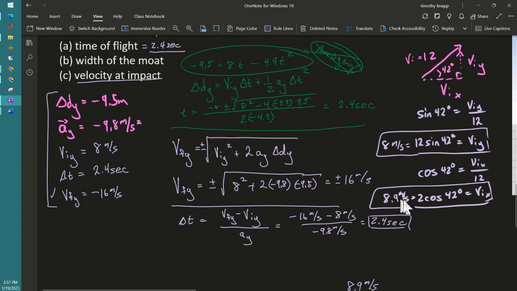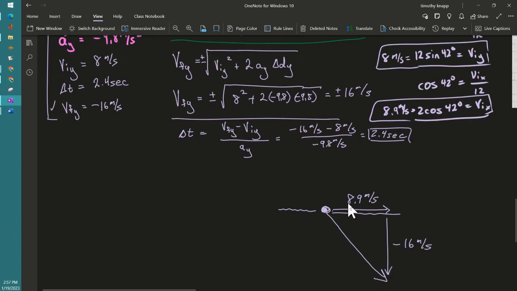It was 8.9 meters per second. That's the velocity that it initially had horizontally. But we know that in the horizontal direction, the velocity never changes. It's only the vertical velocity of a projectile that changes. So you can assume that it maintains 8.9 meters per second forward during the entire 2.4 seconds that it's in the air.